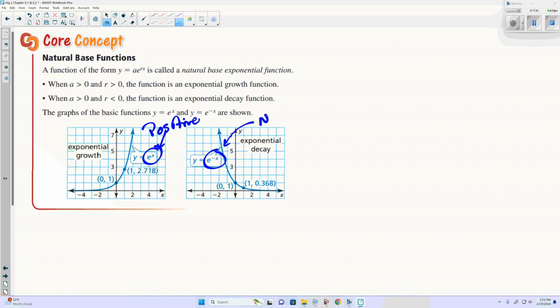And if the exponent attached to e is negative, it is decay. So it's all about the sign of the exponent. If it's positive, it's growth. If it's negative, it's decay.